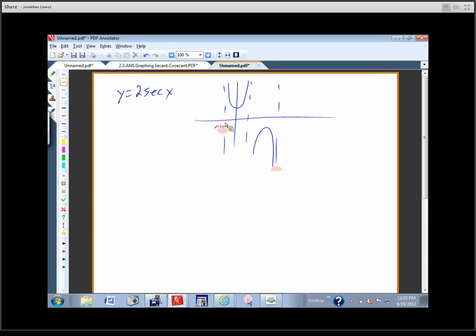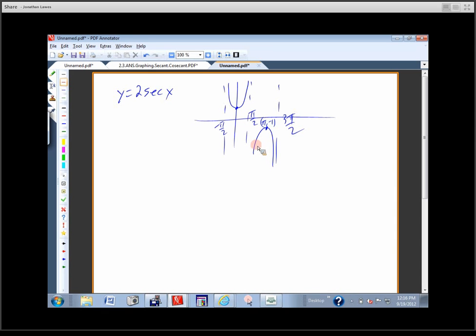This is negative pi halves. This is pi halves. This is 3 pi halves. This is 0, 1. This is pi, negative 1, right? Everybody good there?